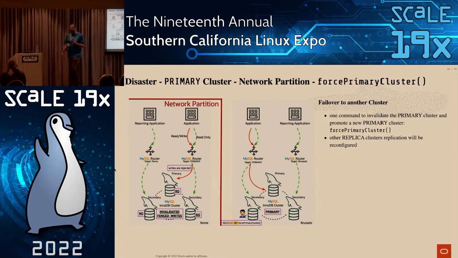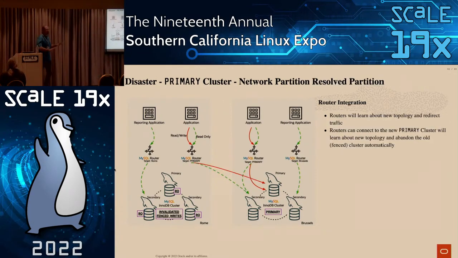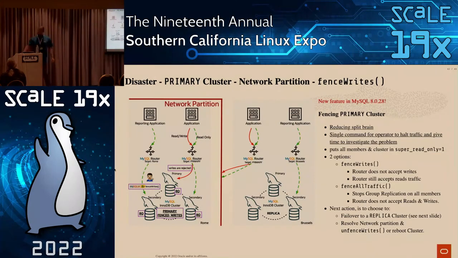Now, what happens if the network partition goes away and it recovers? These routers will notice that there's a new primary. So in the metadata, it knows that this one should be the primary, not this one anymore. And they will automatically send all the traffic there. What happens if on the first cluster there was a primary that we weren't able to fence?